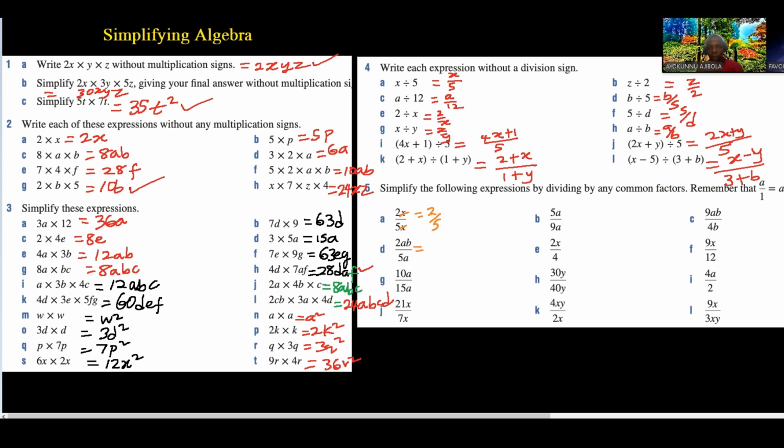In the other one, I can divide a by a, so I have 2b over 5. In this one, 5 can divide them and a can divide them, okay? A divides a, then 5 divides 10 to give me 2, and 5 divides 15 to give me 3, okay?